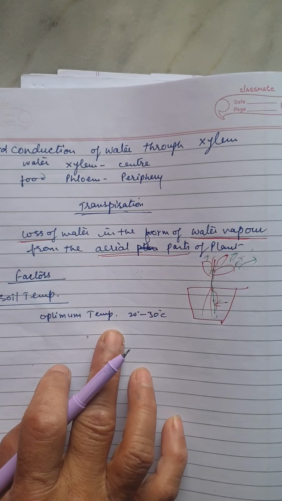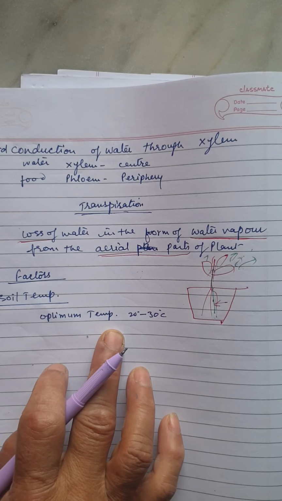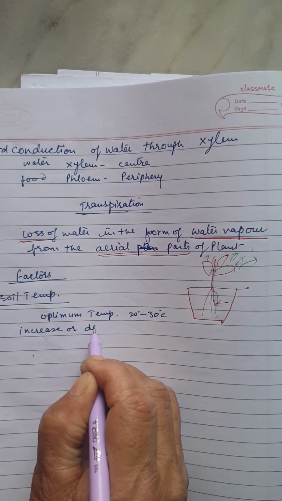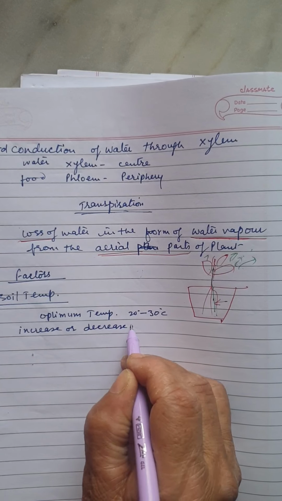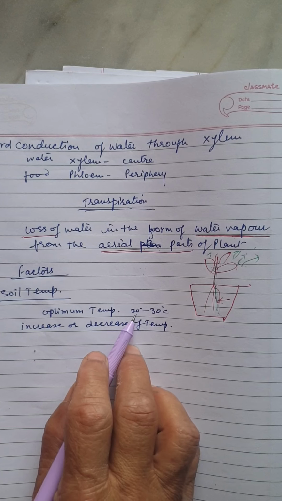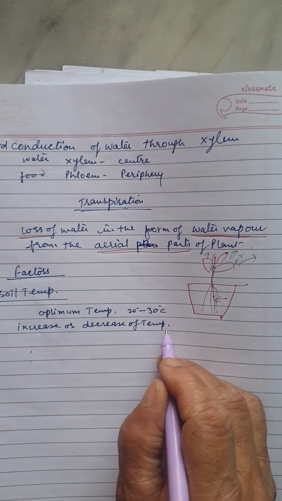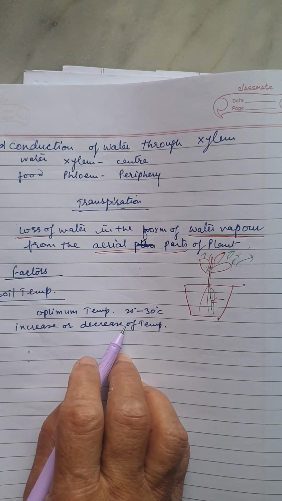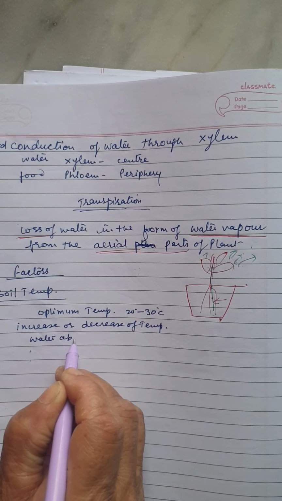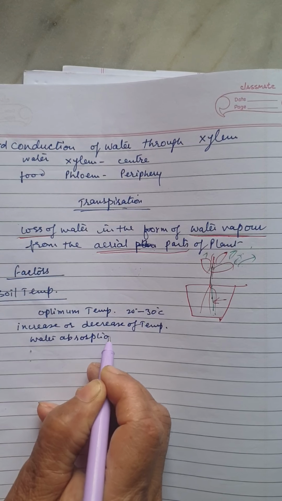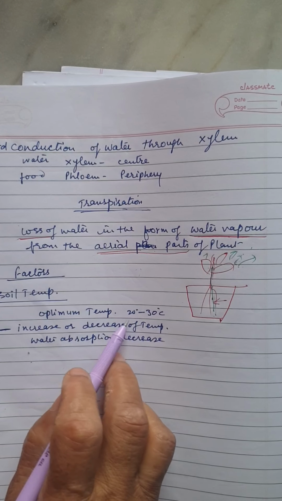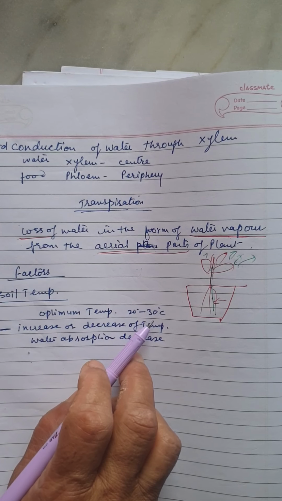This is called optimum temperature. Any increase or decrease of temperature, above 30 or below 20, inhibits the absorption of water, meaning water absorption decreases.